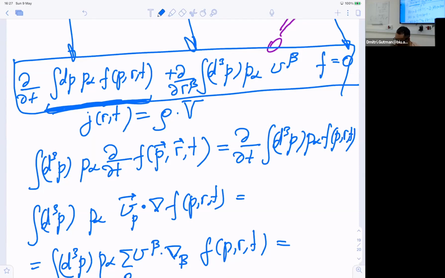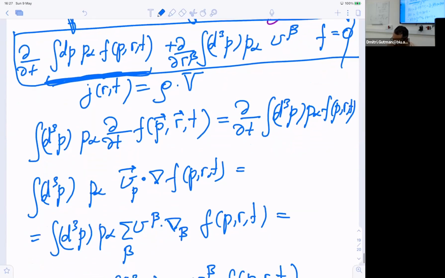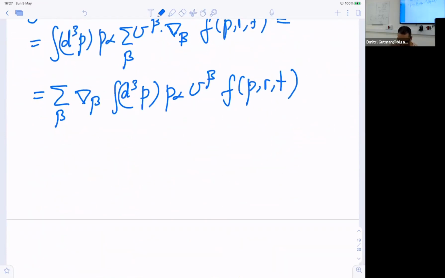Okay, so the first term is already something simple. We see that the equation has a structure: d over dt of rho times V alpha.